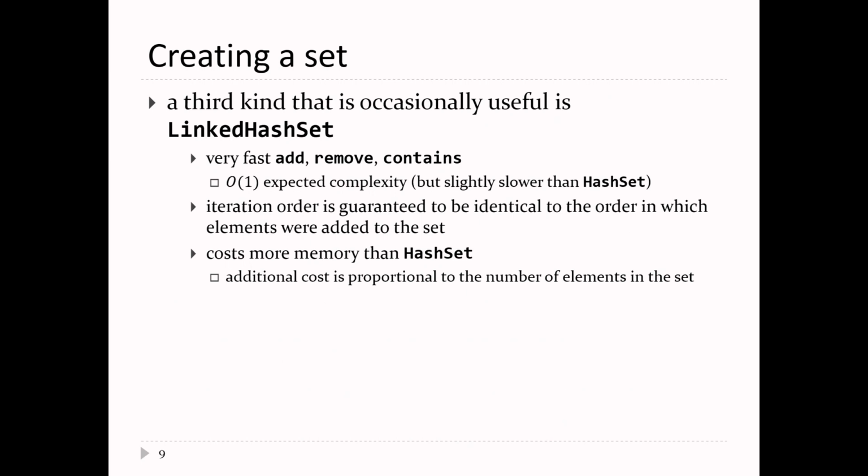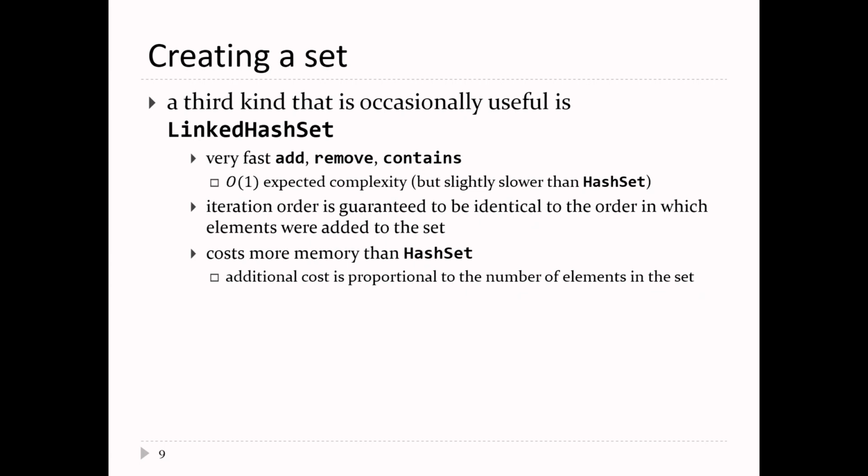There is a third kind of set which is occasionally useful. There's something called a LinkedHashSet. It's fast just like HashSet. It's O(1), the same complexity class for add, remove, and contains. In practice, these are very slightly slower than HashSet, because this thing has to do some extra work. LinkedHashSet guarantees that the elements are kept in the order that they were put into the set.